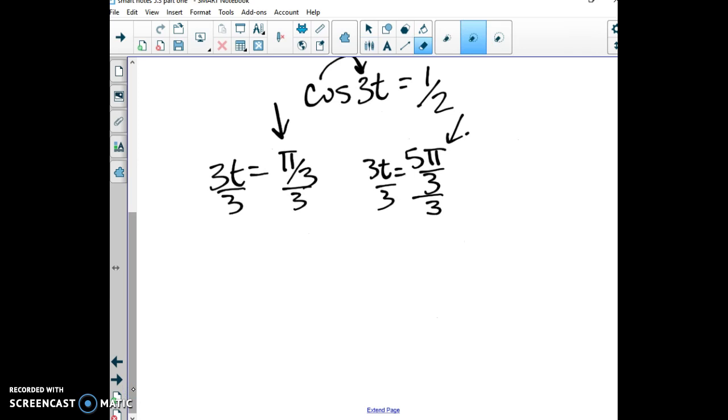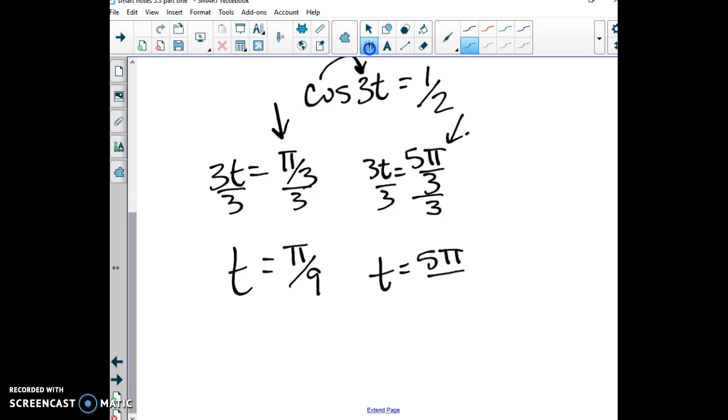So you guys, we're given 3t. Our angle, 3 times the angle, is pi over 3. Dividing pi thirds by 3 means multiplying by 1/3. We see that t equals pi ninths, and t equals 5 pi ninths.